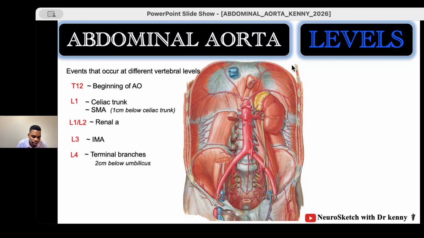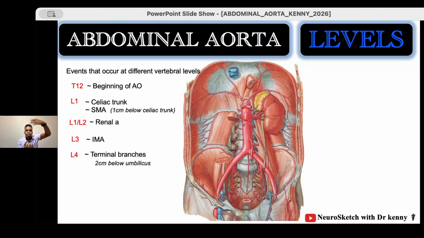And then at the same L1, we also have the emerging of the superior mesenteric artery. The superior mesenteric artery emerges approximately 1 centimeter below the origin of the celiac trunk. The celiac trunk is on the upper border of L1, and the superior mesenteric is on the lower border of L1.